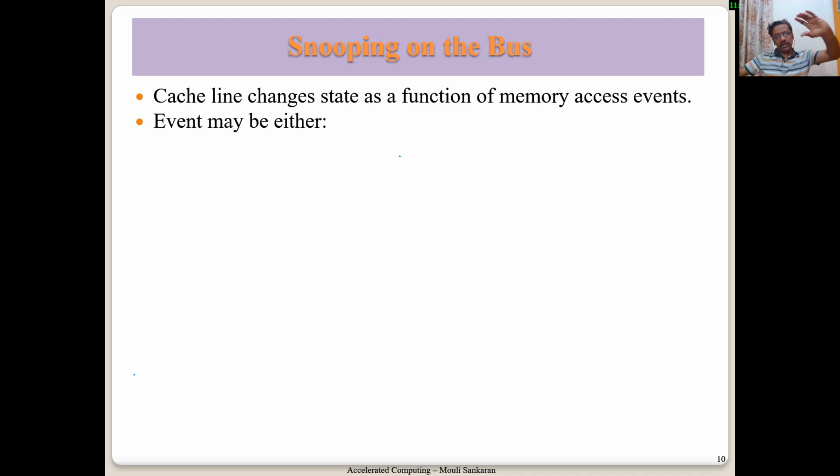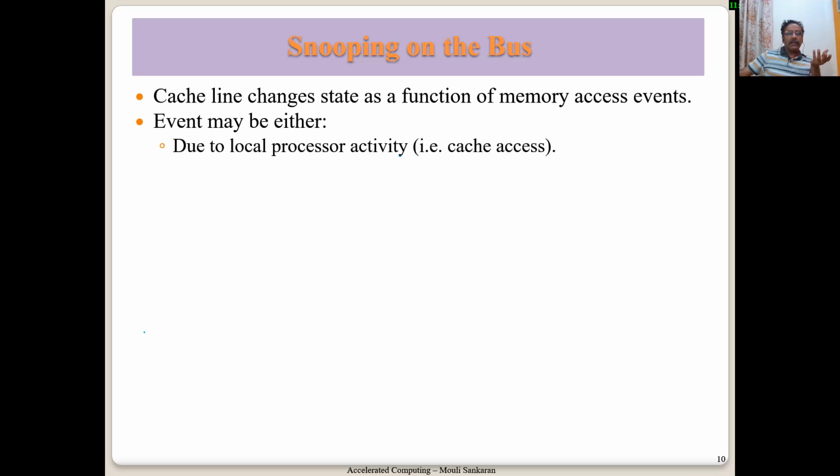So a particular cache line sitting in a particular core can change its state based on the events happening in the bus. There is a snooping bus which is watching what is happening and what is done by other cores in the system. What are the possible events? The events could be due to local processor activity, a read or write from the local processor.